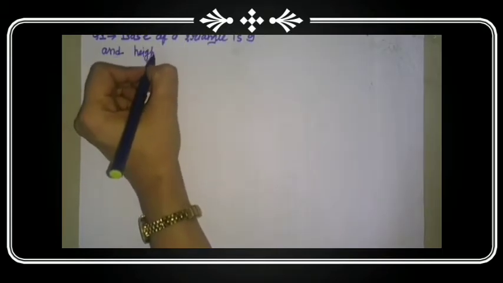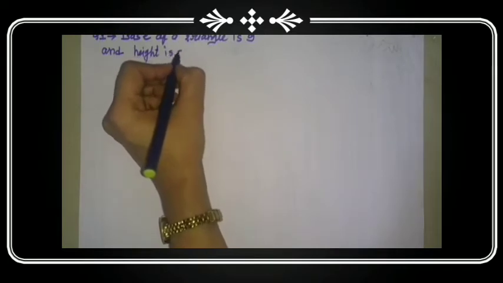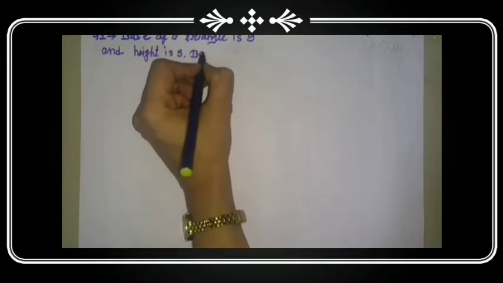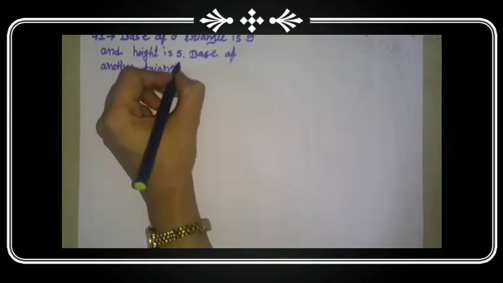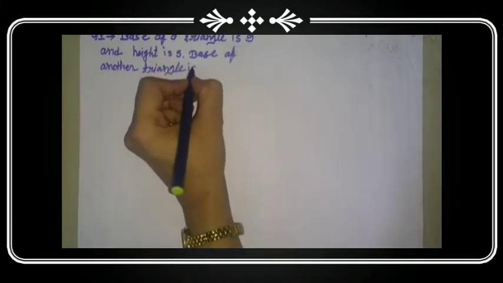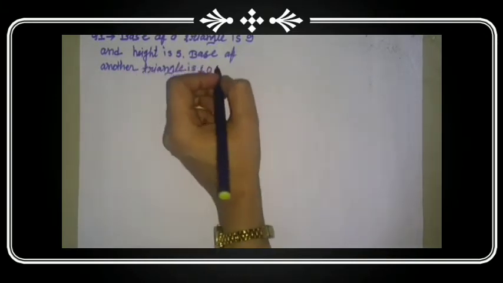Base of a triangle is 9 and height is 5. Base of another triangle is 10 and height is 6.